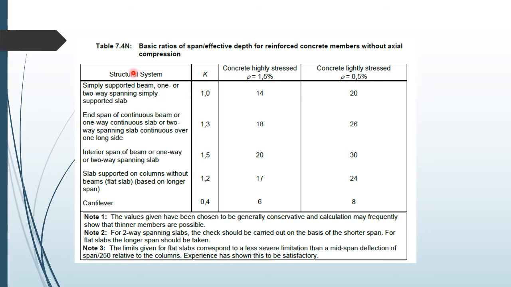This is the structural system and this is the value of K. For simply supported beam, or one or two way spanning simply supported slab, we use the value of 1. Our K is 1. For end span of continuous beam, we use 1.3. For interior span of beam, we use 1.5. For cantilever beam, we use 0.4.